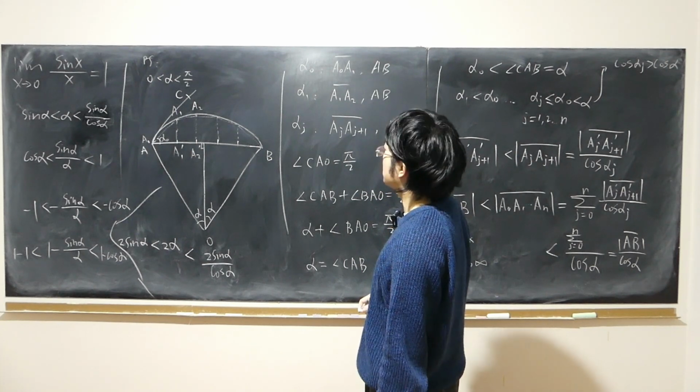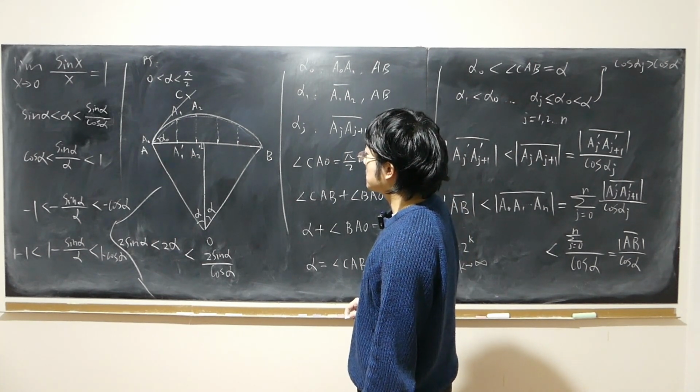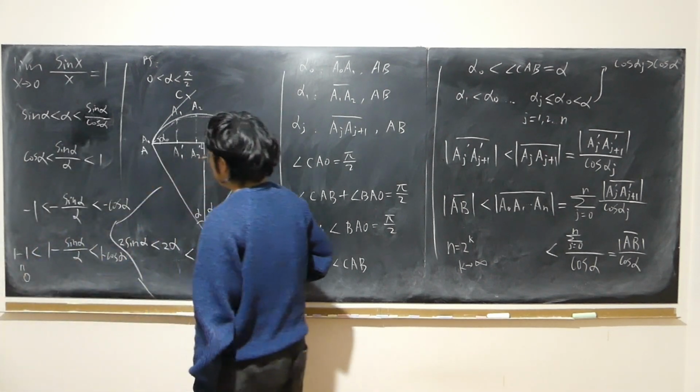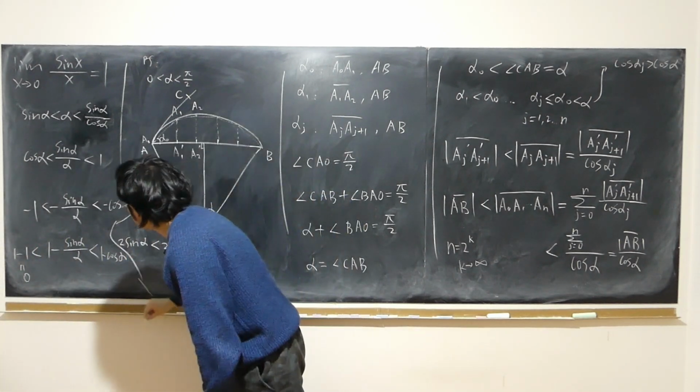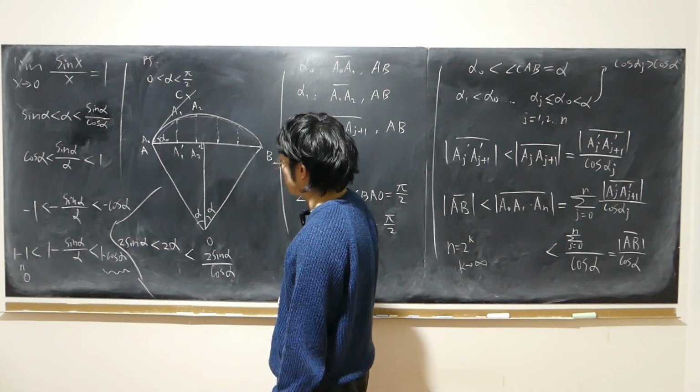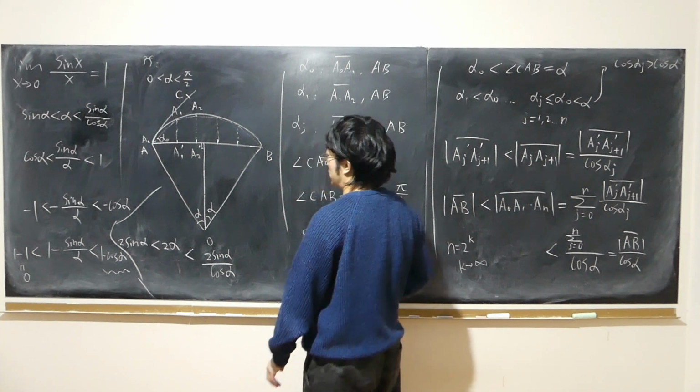I have this. So left-hand side 0. Right-hand side is 1 minus cosine alpha. Maybe it's approaching 0. Probably going to approach 0.